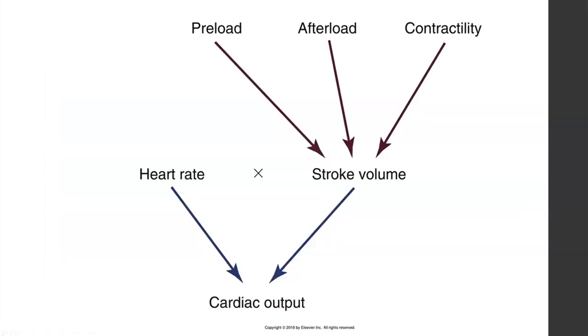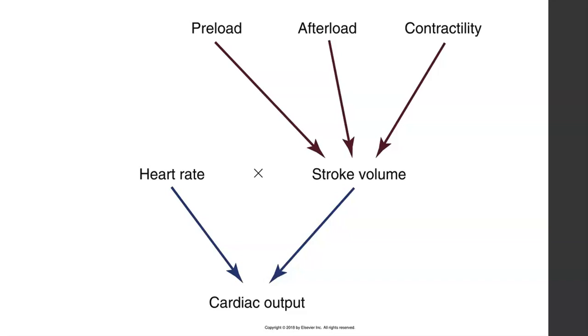Okay, so this is just a little diagram, and I thought it helped make a little more sense. The things affecting our stroke volume are preload, afterload, and contractility. Remember, preload is the volume of blood in our ventricles at the end of diastole. So it's that end diastolic pressure, which is referred to as our filling pressures. Afterload is the resistance that the left ventricle must overcome to circulate blood.